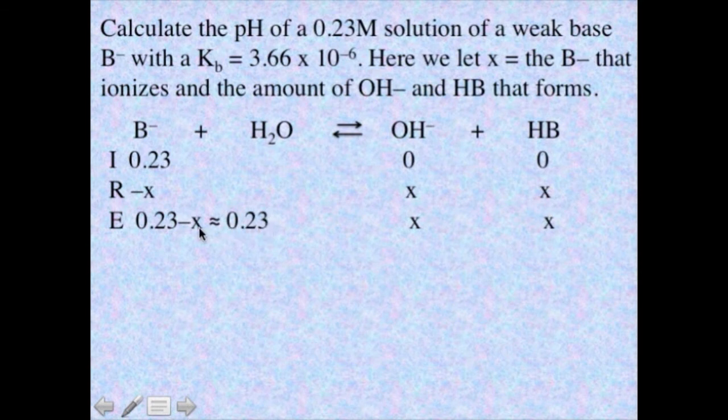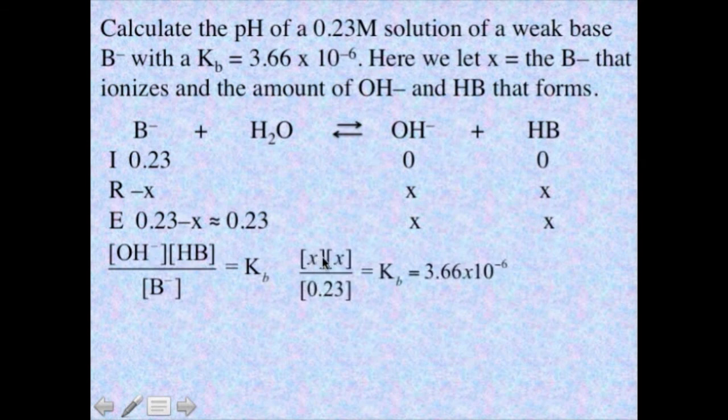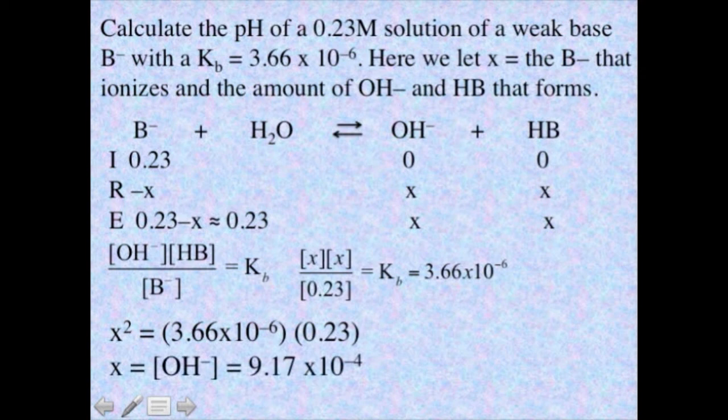We can say X is negligible because the Kb is such a small number compared to the initial molarity of the weak base. So now we plug these into the mass action equation, and we get X times X divided by 0.23 equals the Kb, 3.66 times 10 to the minus 6. We solve for X, which is the hydroxide ion concentration.